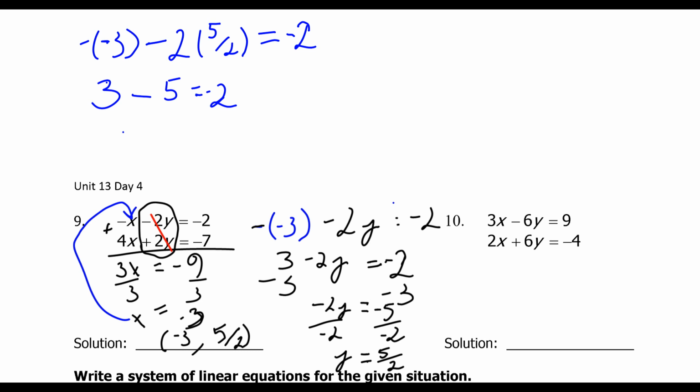Now we're going to take our negative 3 and 5 halves and plug it into the other equation.